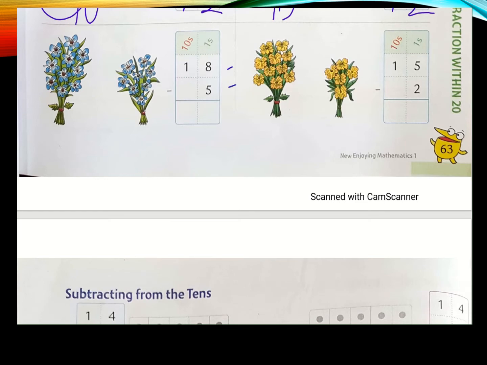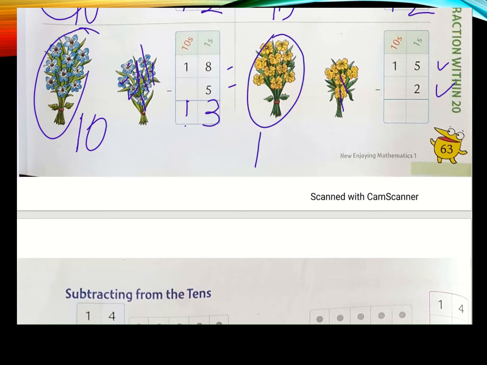Eighteen minus 5. 1, 2, 3, 4, 5. 10 here, 11, 12, 13. 13 is done. 15 minus 2. 10 here, 11, 12, 13. Complete the exercise and check your answers.